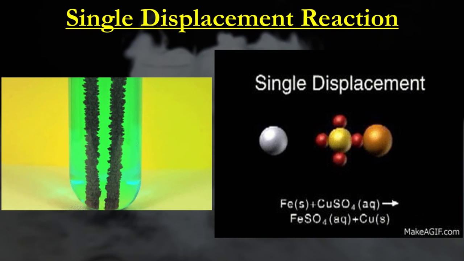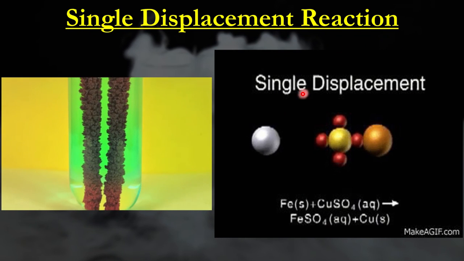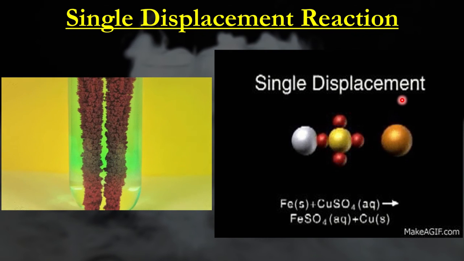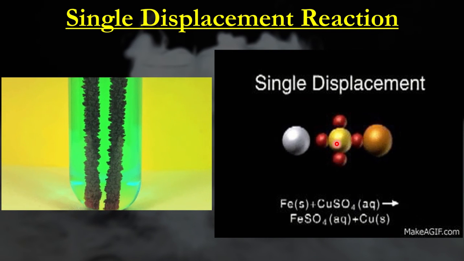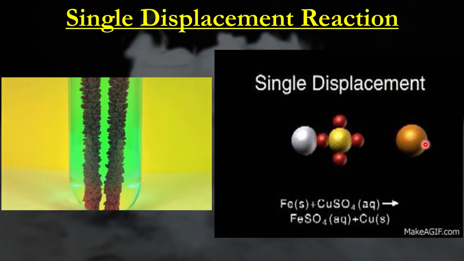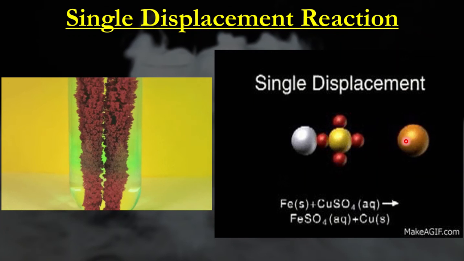The next one we have is known as a single displacement reaction. In a single displacement reaction, we should see one atom coming into the compound while another atom or element leaves the compound structure.